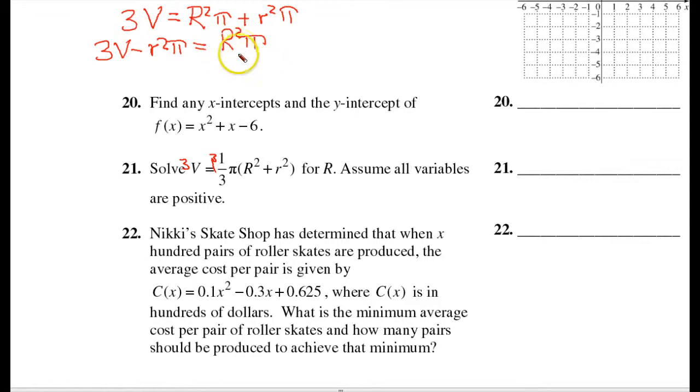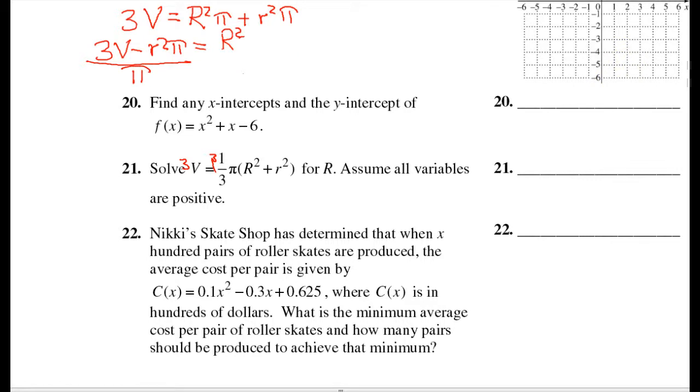And if we want to isolate the r squared, we're going to divide both sides by pi, which is what I've done here. So let me get rid of this.